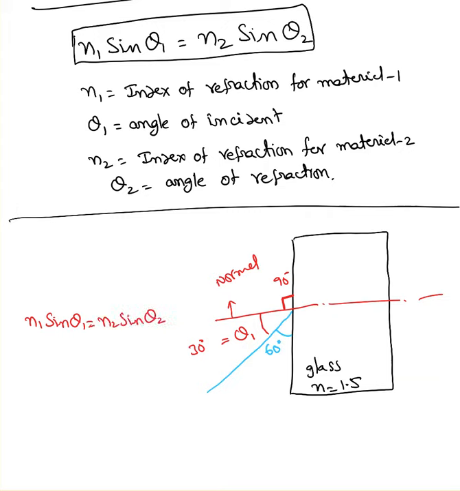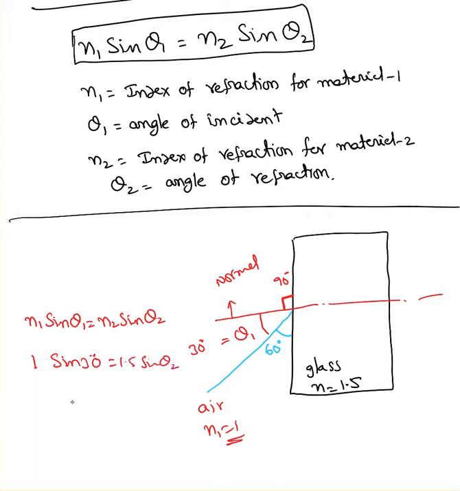I know the n1 value. Here it is air, so I'm going to take n1 equal to 1. In the future, I'm not going to give you the n1 value for air. Always take it as 1. So 1 sine 30 equals 1.5 sine theta 2.